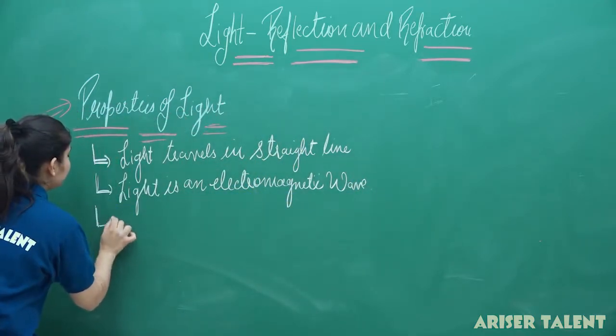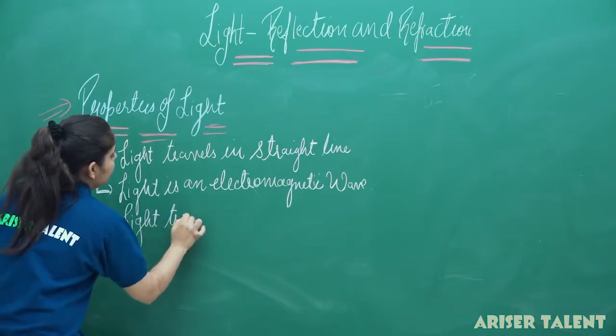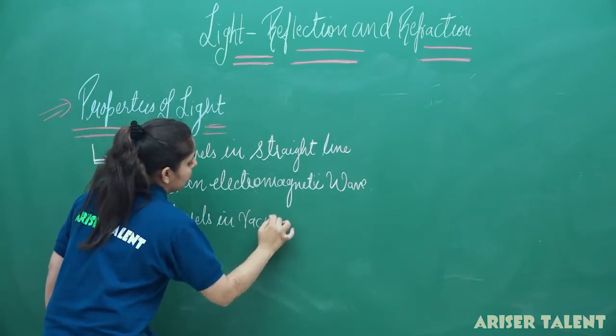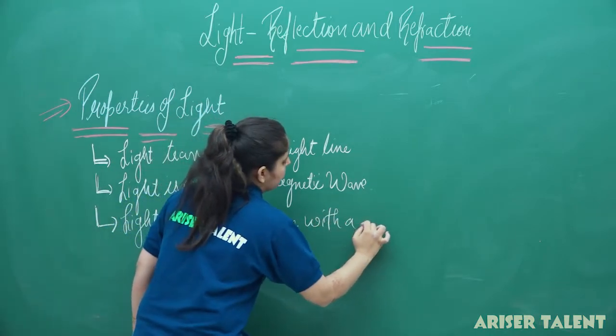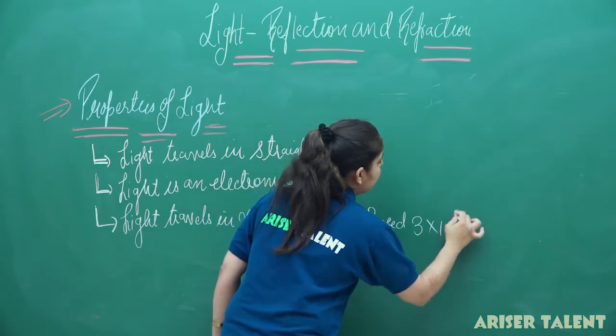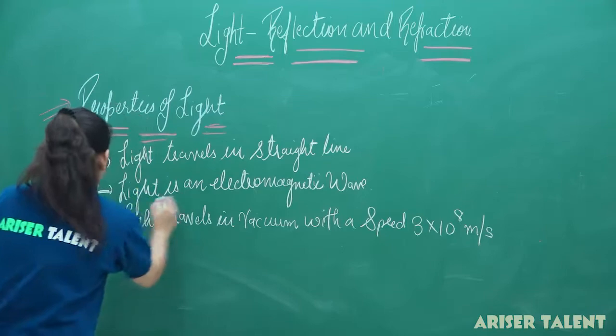Third point is, light travels in vacuum with a speed of 3 into 10 raised to the power 8 meter per second.